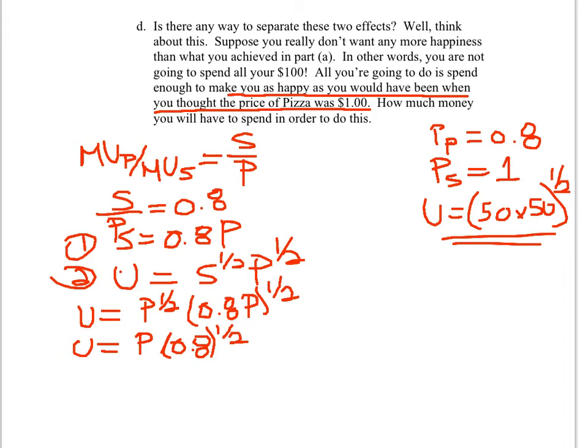And then all you have to do here is divide by 0.8 to the 1/2 and then replace the numbers. So basically P equals U over 0.8 to the 1/2.